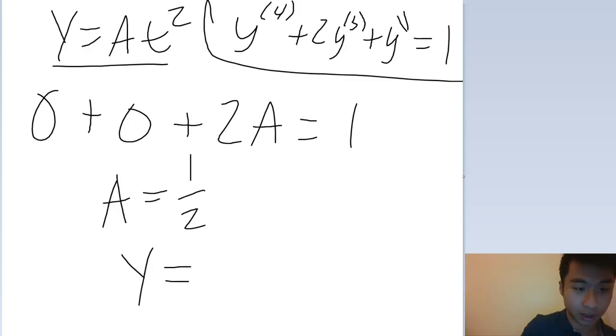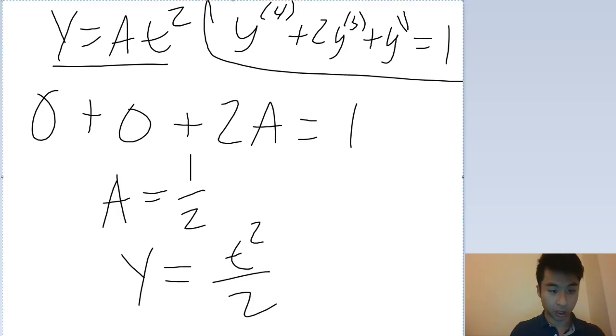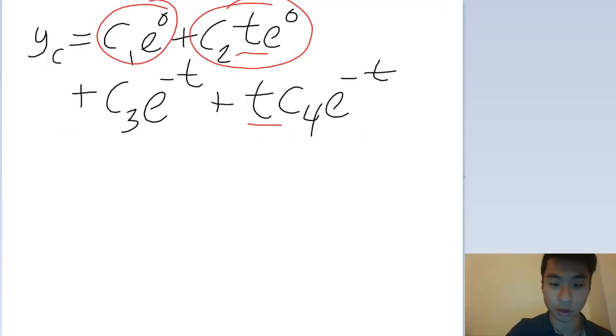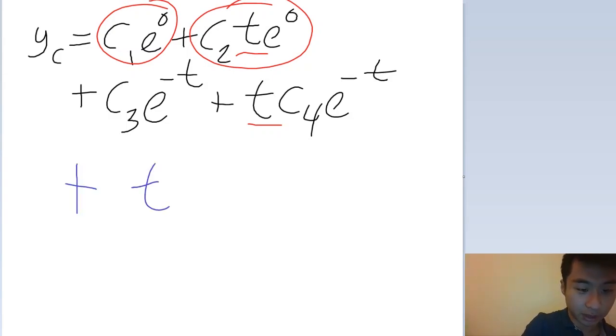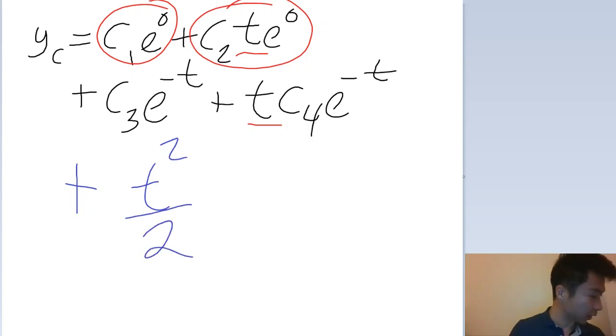So again, we have big Y equals A t squared. And in the original differential equation, I'll just write it down: y fourth derivative plus 2y third derivative plus y second derivative equals 1.